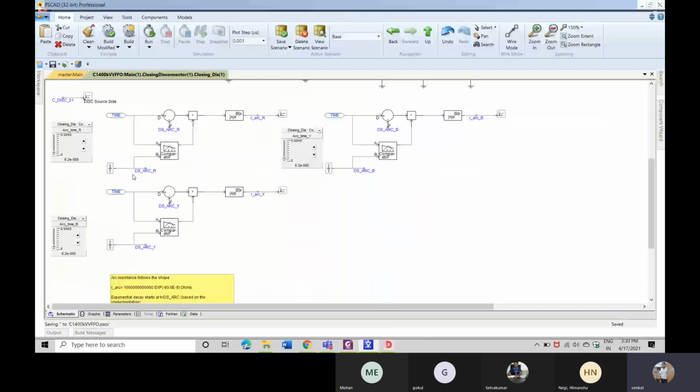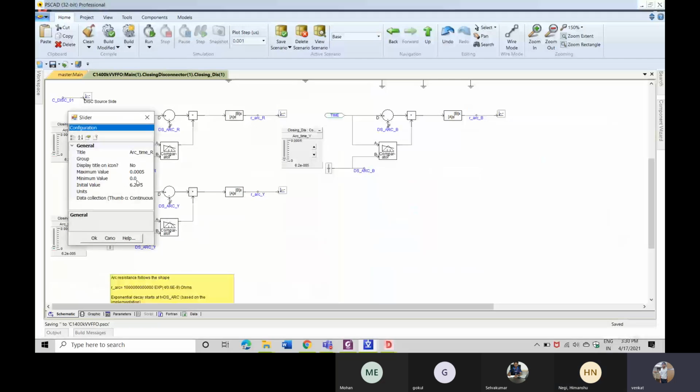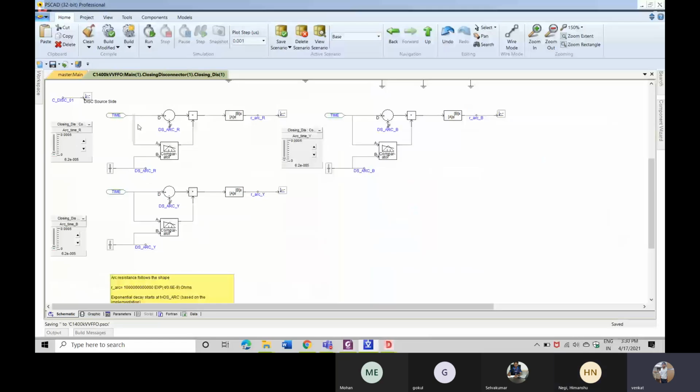Then it will compare the input from here and here. This input will stay constant at 6.2 into e power minus 5. The other input coming here is the time which is running for the simulation. Initially it is 0.